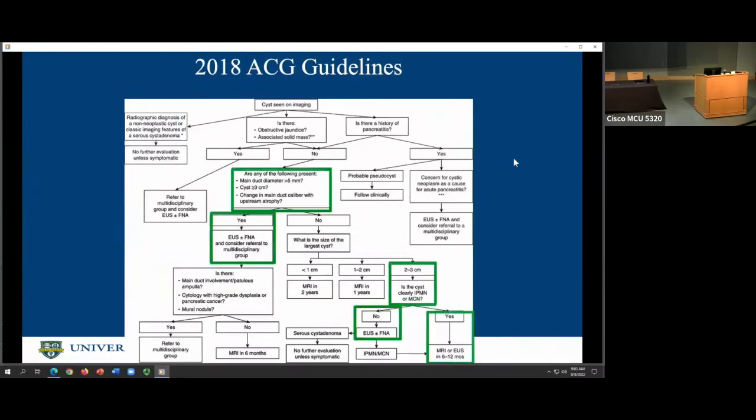All these patients benefit with an EUS-FNA for further characterization of the cyst.